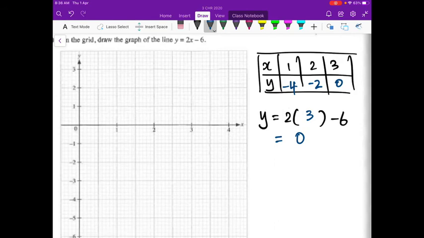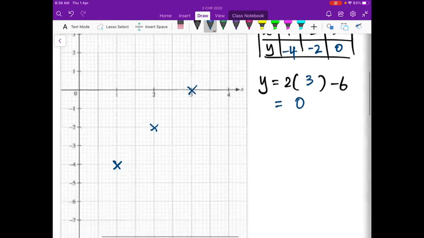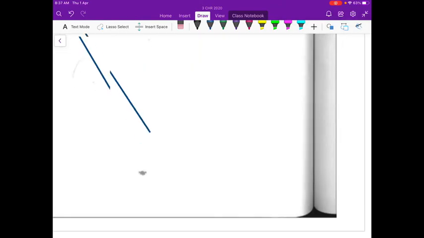x is 1. Block 1, level negative 4 over here. Block 2, level negative 2 over here. Block 3, level 0 here. And draw a straight line.